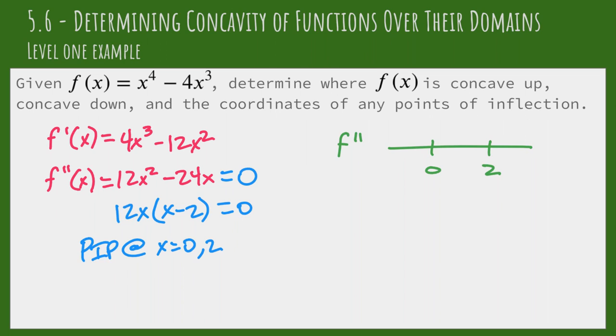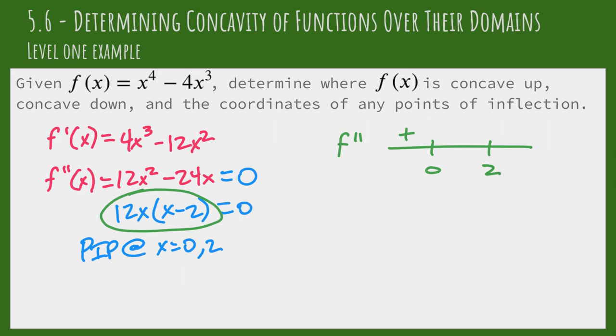So if we plug in any negative number into the second derivative, and I'm going to look at this version of the second derivative because it's going to be easier to determine positive and negative. So any negative number, we're going to get a negative times a negative, which is going to give us a positive second derivative. So remember, when we're creating a sign chart for the second derivative, we want to plug into the second derivative.